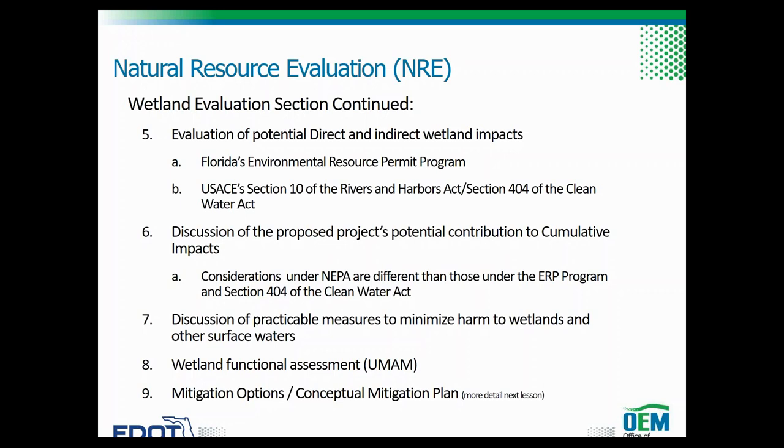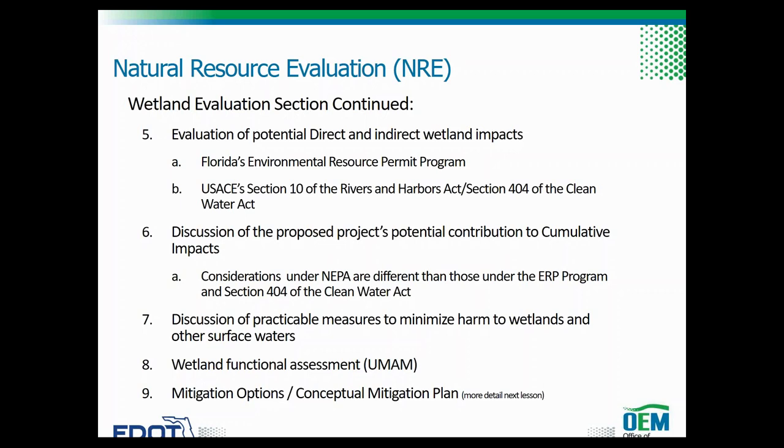7. A discussion of practicable measures to minimize harm to wetlands and other surface waters. Minimization could involve measures included in FDOT's standard specification for road and bridge construction, such as the installation of temporary turf, rolled erosion control products, sediment barriers, inlet protection systems, and other erosion and sediment control devices to minimize impacts to wetlands in the project area.